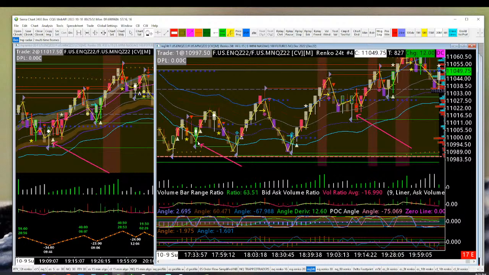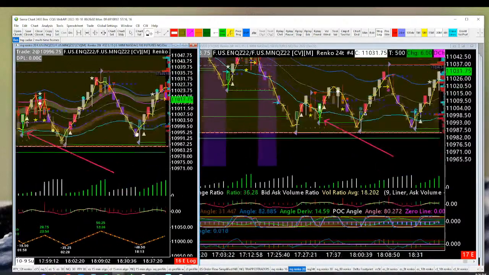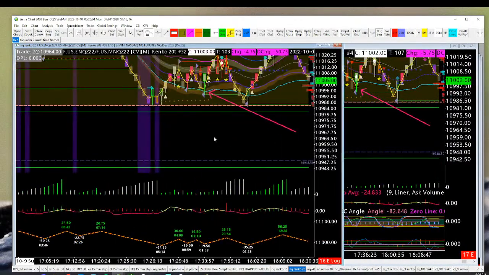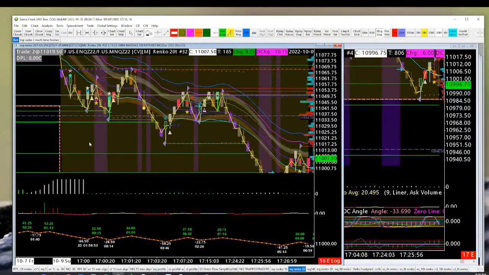So what I want to do tonight, let's just say first of all, is I want to see that now that I've added some other signals, which are these backgrounds here, which tell me about momentum and whether or not one side of the market is likely to be producing support and resistance.